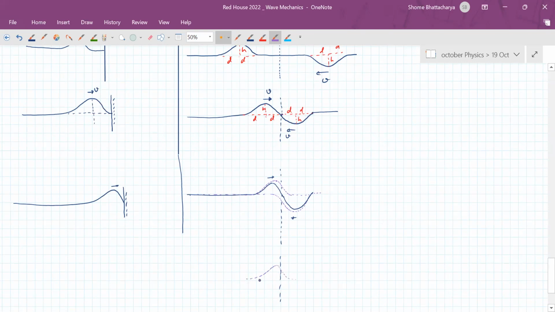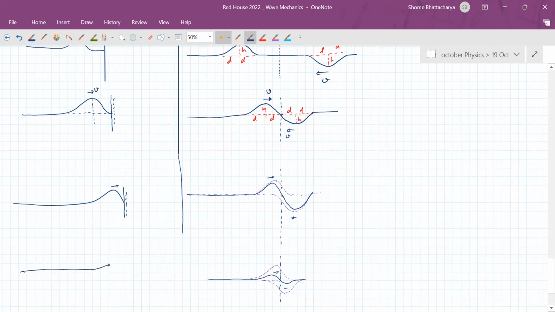Let's say one pulse is here, other pulse is here. So their superposition is resulting in this kind of a thing.